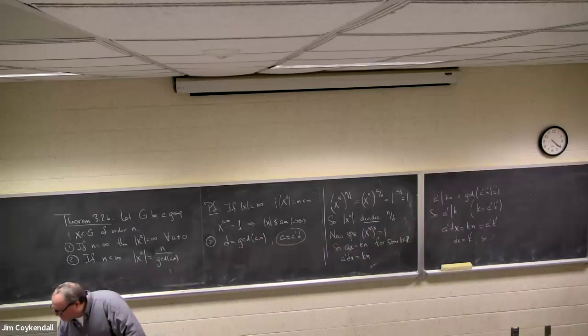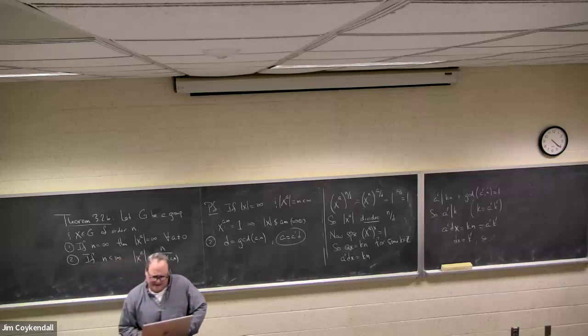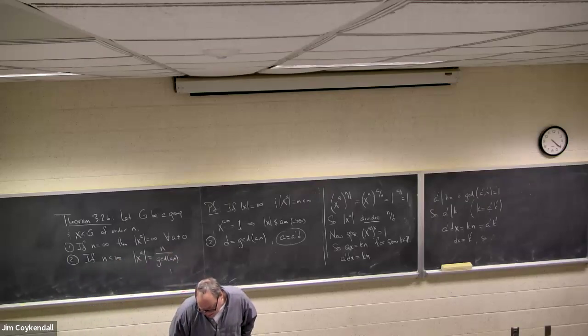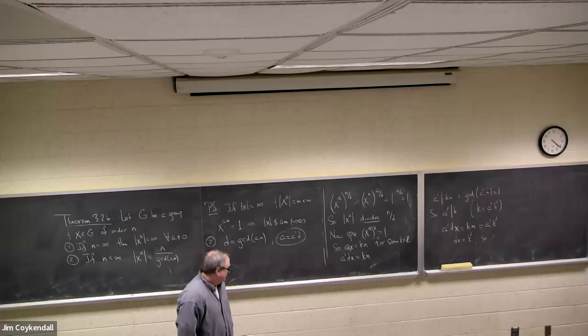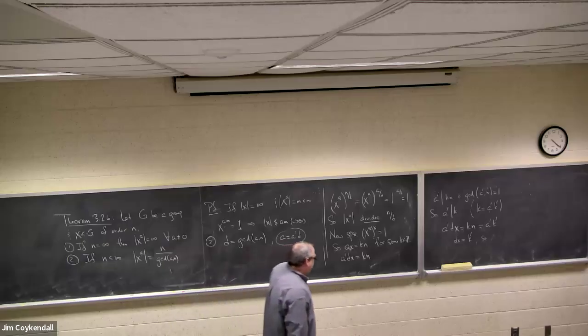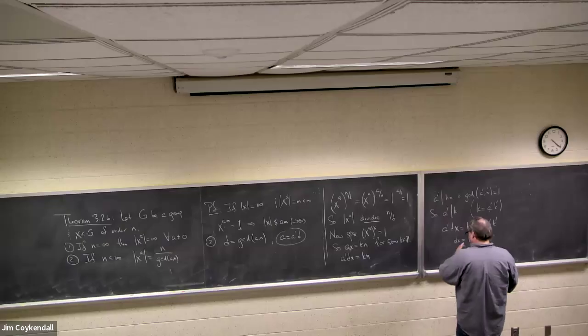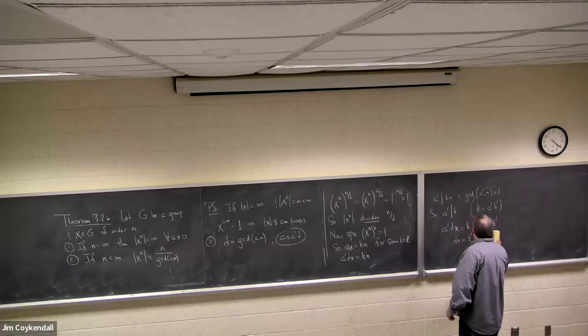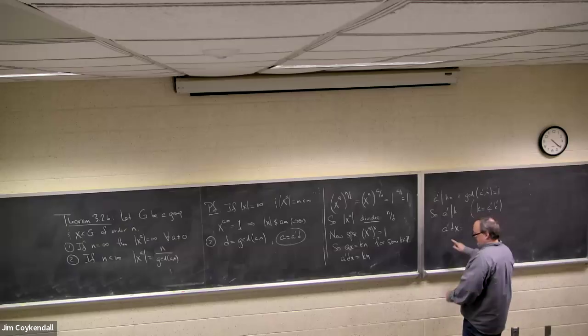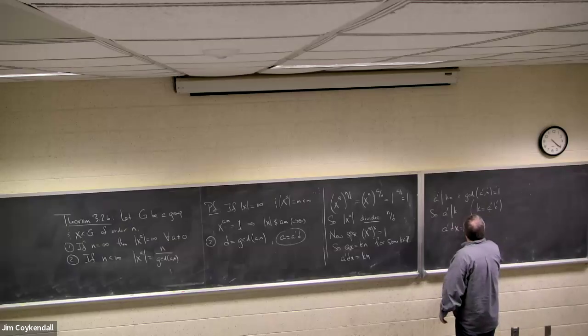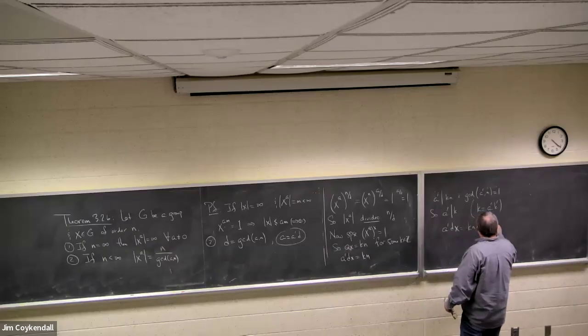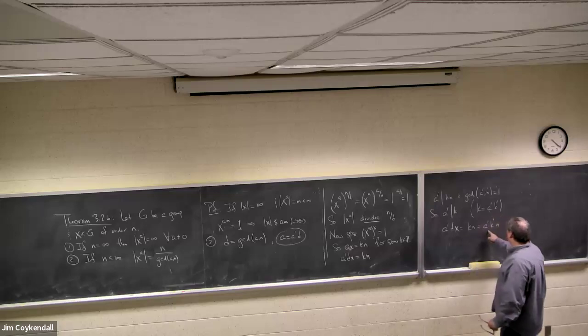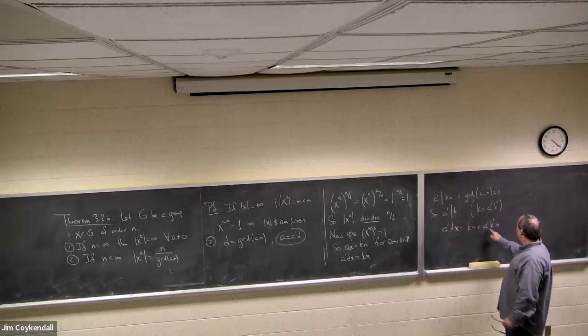Let me try this again, since I copied that wrong. a'dk is jn, which is a'j'n. There we go.